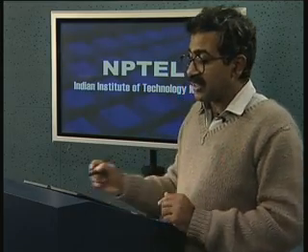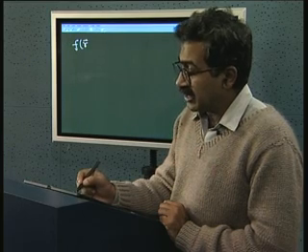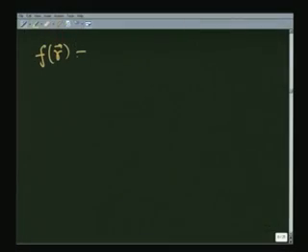What is the definition of a scalar field? Let a function be defined over a certain region in space. If under rotations or translations, it acquires the form f prime of r prime, the functional form changes, but numerically both the values are the same, then we say that f is a scalar field.